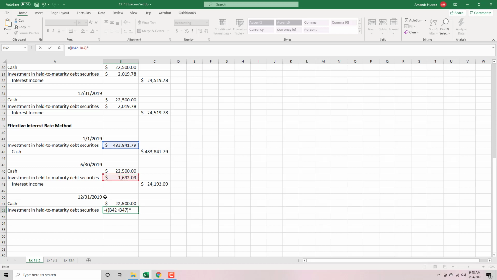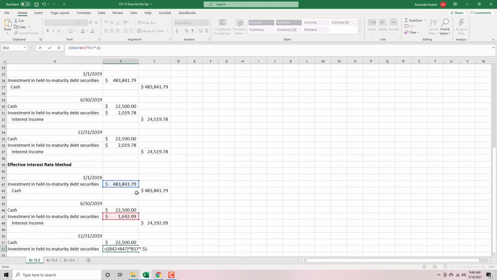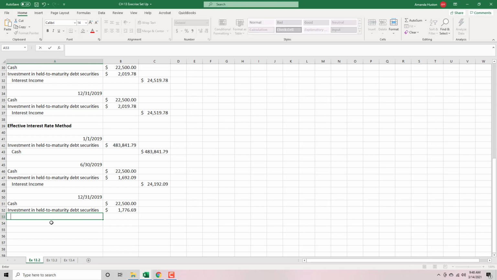So the interest goes up because we're paying effective interest rate on the balance, and we keep increasing the balance by amortizing the discount, and it's interest income. The effective interest rate is not straight line. It's going to be more each period. So that's an example of amortizing a bond discount.